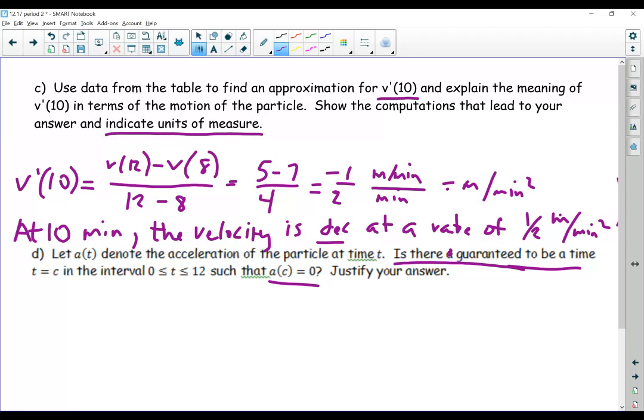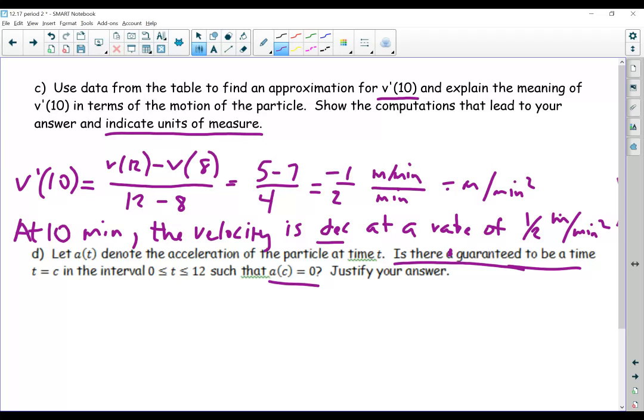So let's go back to what the table is of. The table is of velocity, and they're asking me about an acceleration value. So this is not IVT because it's not the values of the function that I've been given. Okay, IVT would be talking about the function given. EVT would be talking about the function given. MVT would be talking about the slope of the function.